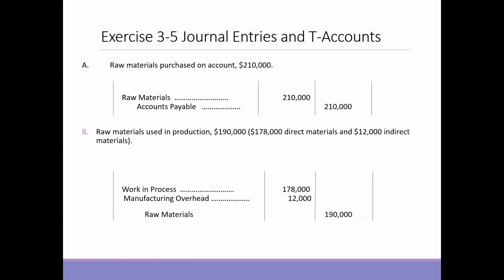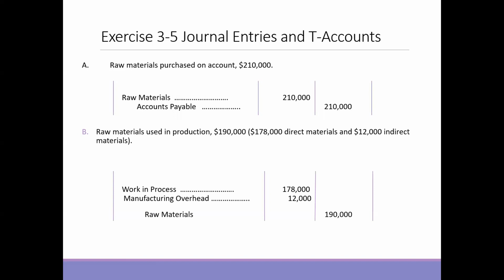Then we show raw materials were transferred to production, 178,000 of direct materials and $12,000 of indirect materials. We know the direct materials go straight to work in process. The indirect materials go to manufacturing overhead. And the raw materials inventory is credited for it all.